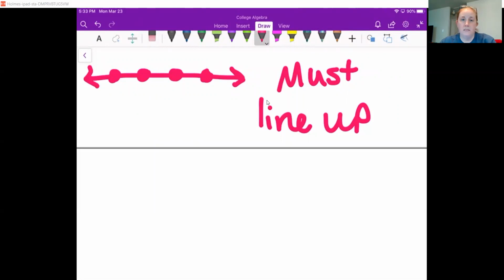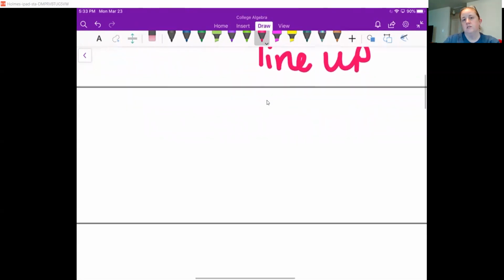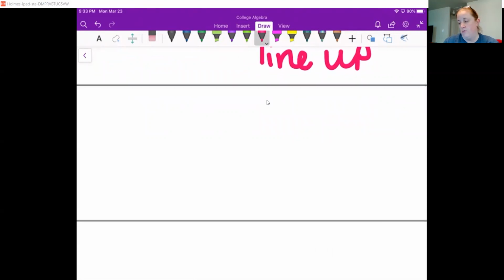Now, on that same idea, we also have the next word down, which is coplanar. These are objects that exist on the same plane or on the same surface. Think about everything that might be sitting on your kitchen table right now. If your table is a plane, then everything on your table is coplanar because it's all on the same kitchen table.